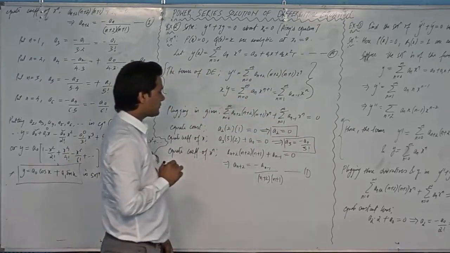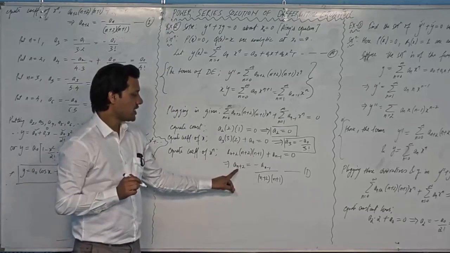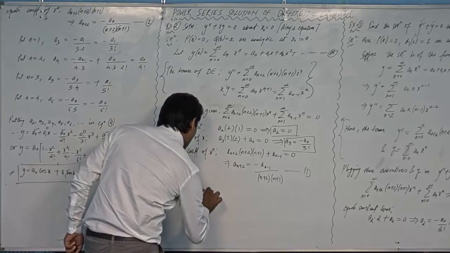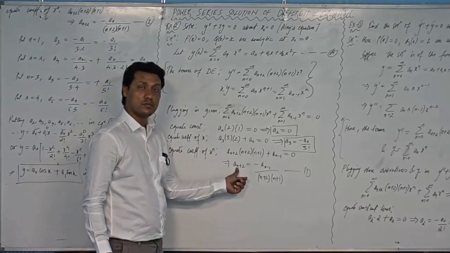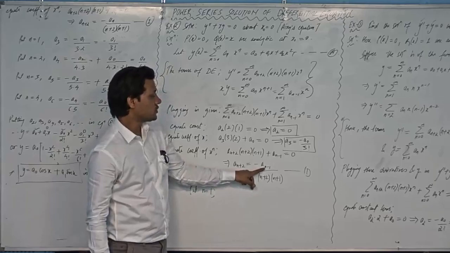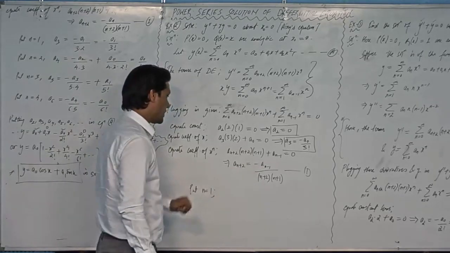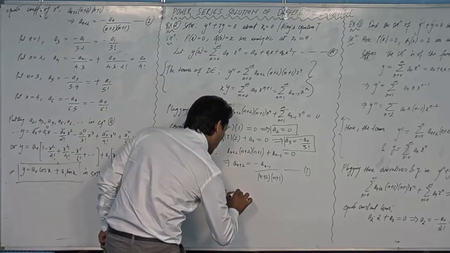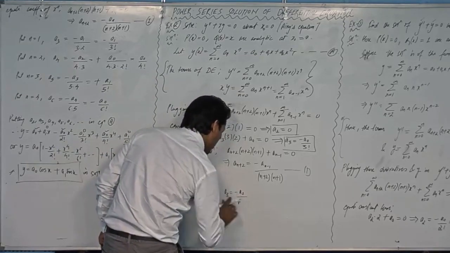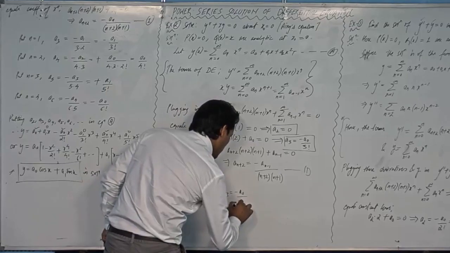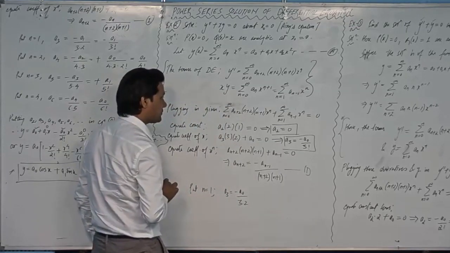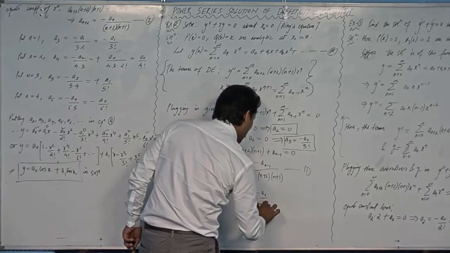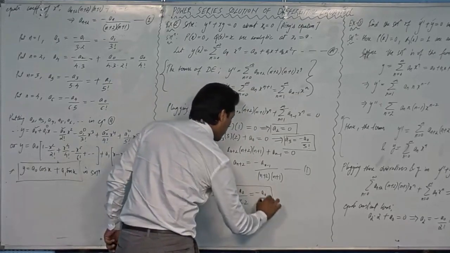Okay, right. Now I will start putting n equal to 1 here, right? Put n equal to 1. Note that you cannot put n equal to 0 here. Putting n equal to 0 is giving you a negative suffix, that is not allowed. So putting n equal to 1 here in equation number 1, that will produce a3 equal to minus a naught over 3 into 2, right? And that will ultimately become a naught over 3 factorial, right? This is a3.